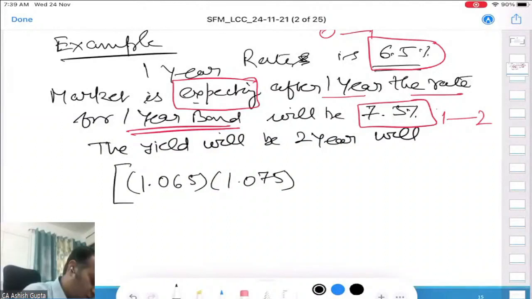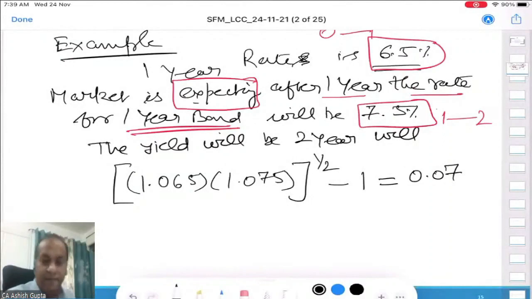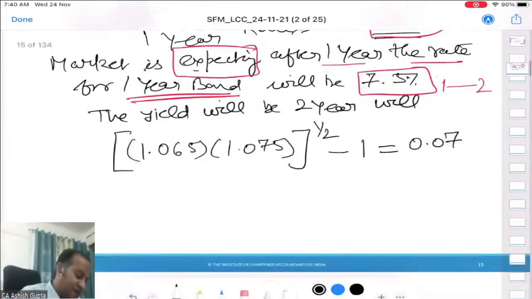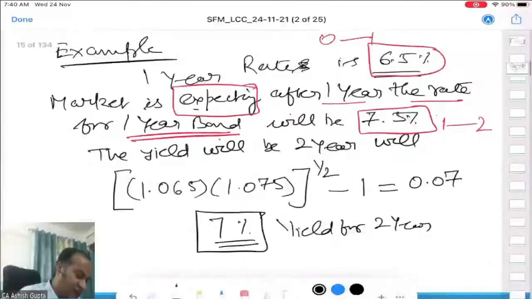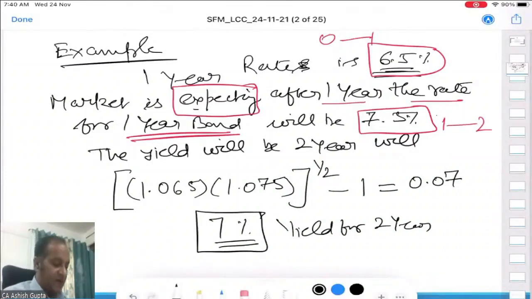So we have to compute geometric mean, or here square root. The value comes somewhere around 0.7. Okay, so it means the yield for the 2 year is 7%.